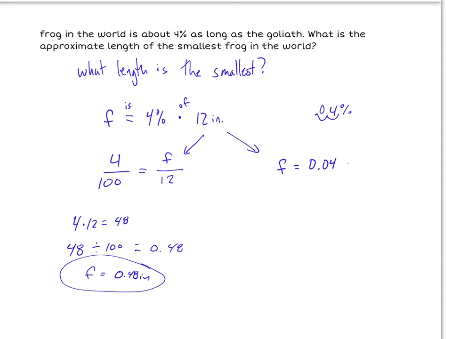Times 12. So this one, just use your calculator. 0.04 times 12 gives you F equals 0.48. So we get the same answer, which is good. It means we did something right the first time, or we did something right the second time. So 0.48 inches.